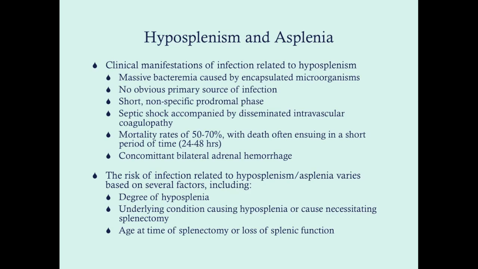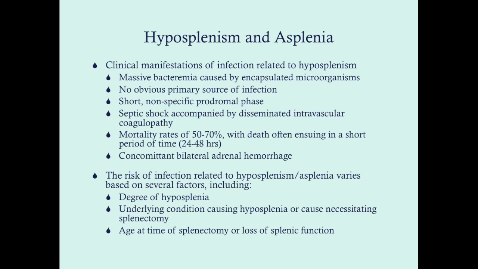The underlying condition causing hyposplenia. So, as a matter of fact, the cause of why your spleen is not functioning, or even why the spleen was removed, actually confers a different risk of sepsis.